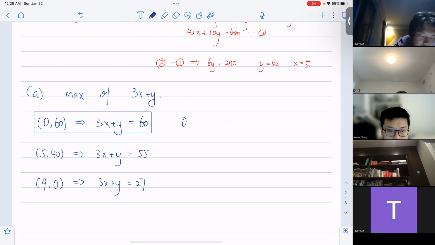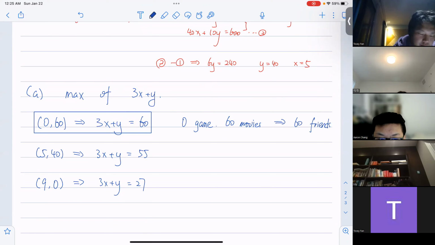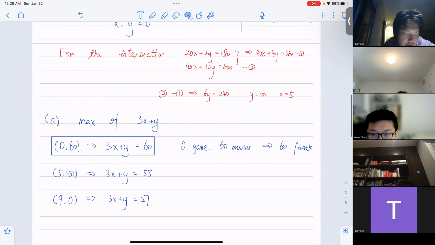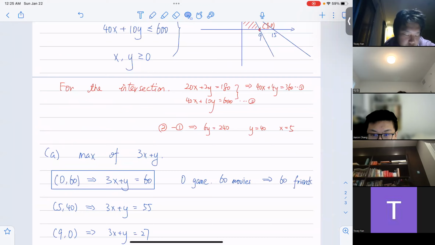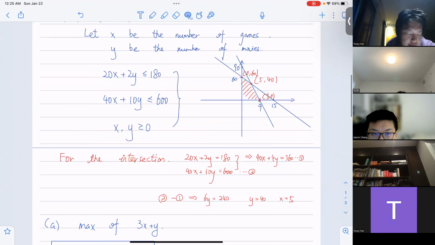If I get 0 games and 60 movies, that's the best for me, because that can bring me 60 friends, which is the most number of friends under this circumstance. X is game, Y is movie, so 0 and 60.